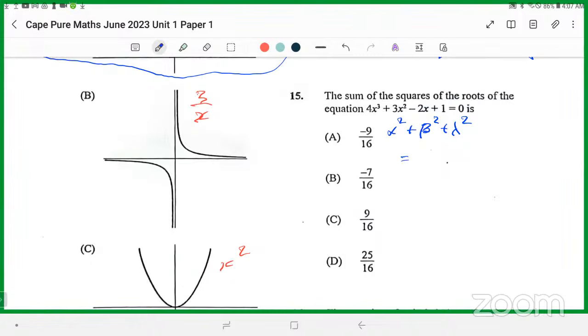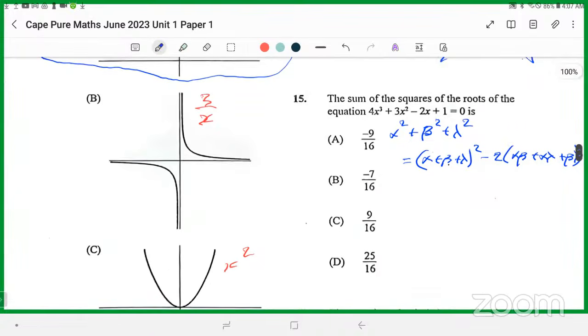That is equal to alpha plus beta plus lambda all squared, minus 2 times the pairwise products of the roots, which is alpha beta plus alpha lambda plus beta lambda.